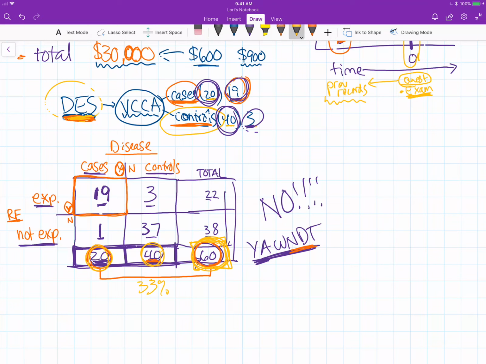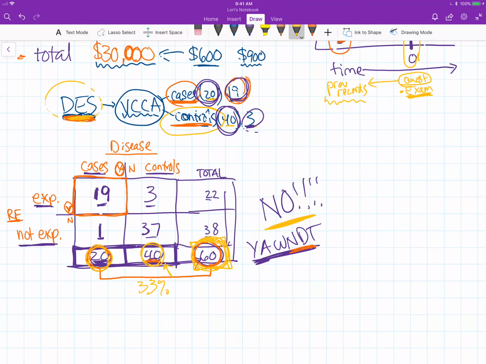If I had only collected 20 controls, would that suddenly mean that now my prevalence of disease in the population has gone up to 50% from 33? No, it's because I decided how many cases I wanted, and then I collected a specific set number of controls based on my study protocol, and I cannot determine prevalence.